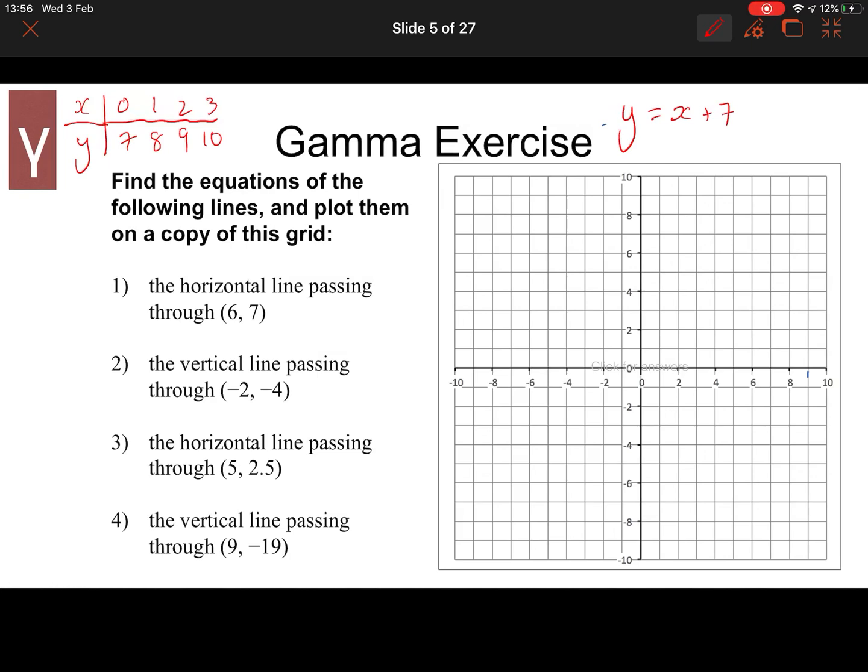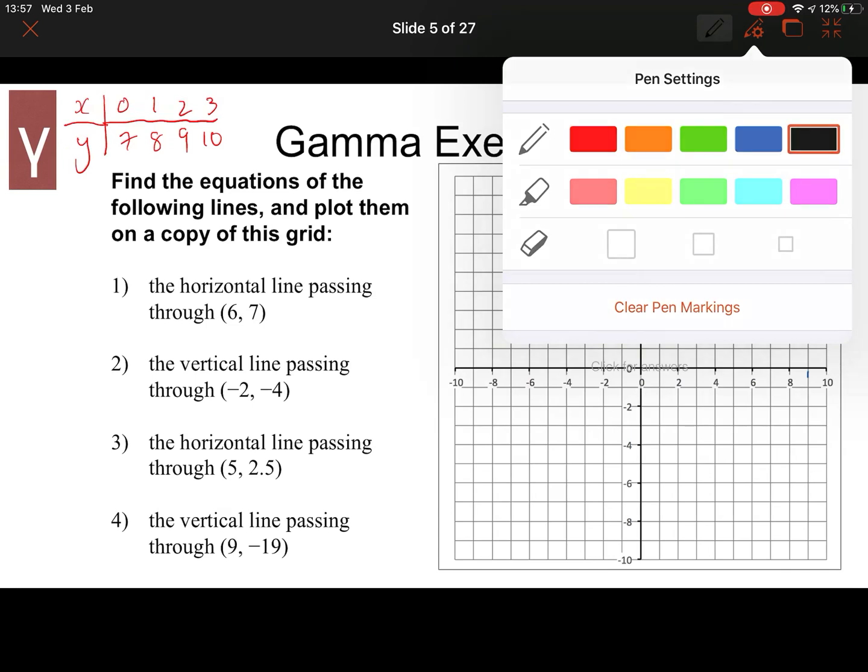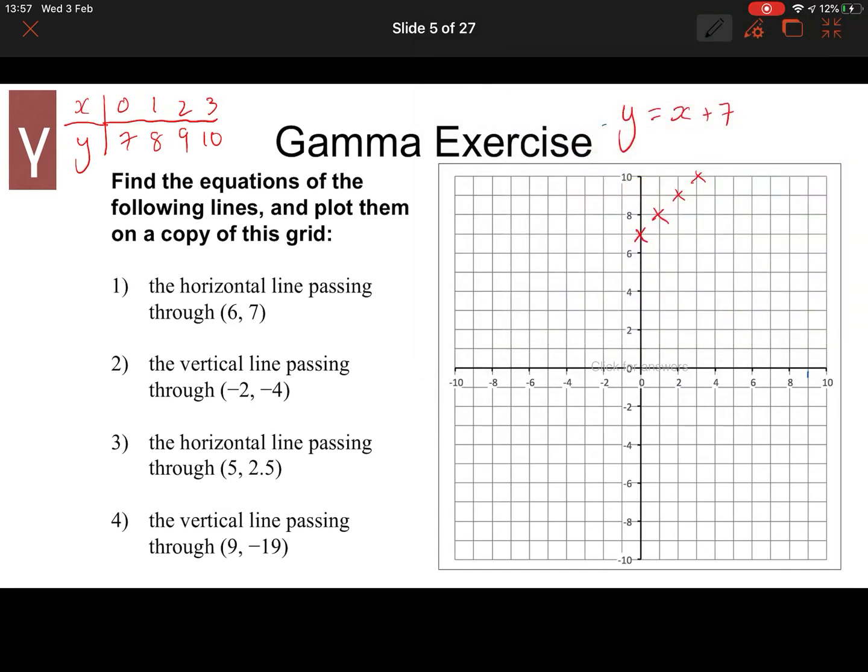If x is 3, y is 10. Just using the equation to find that out. So what I can do now is plot these points. I can turn them into coordinates: (0, 7), (1, 8), (2, 9), and if x equals 3, y must be equal to 10.